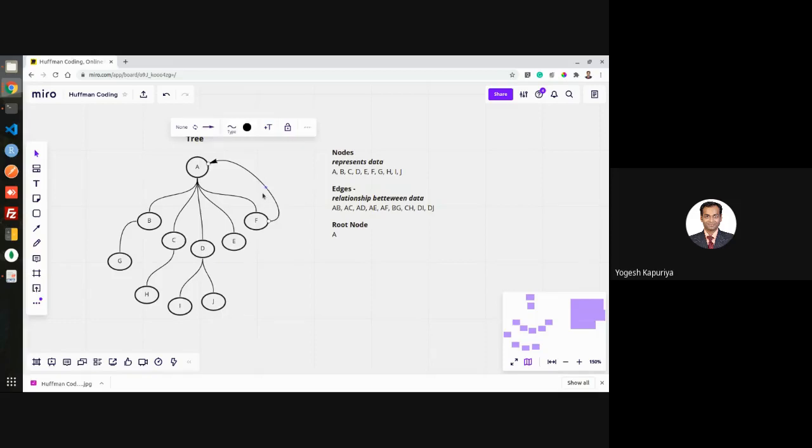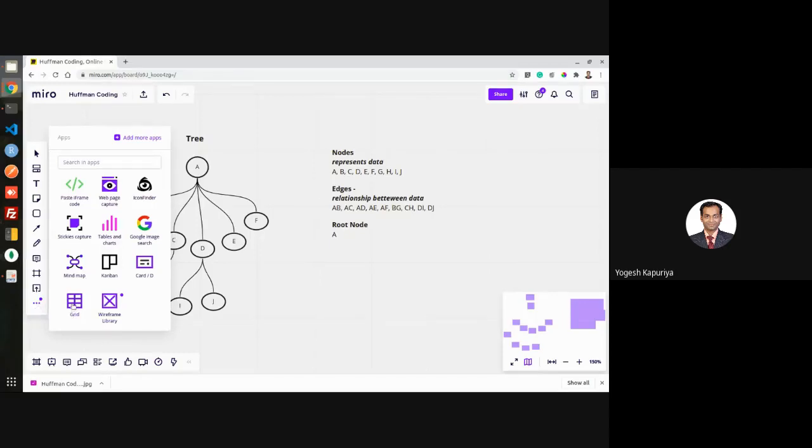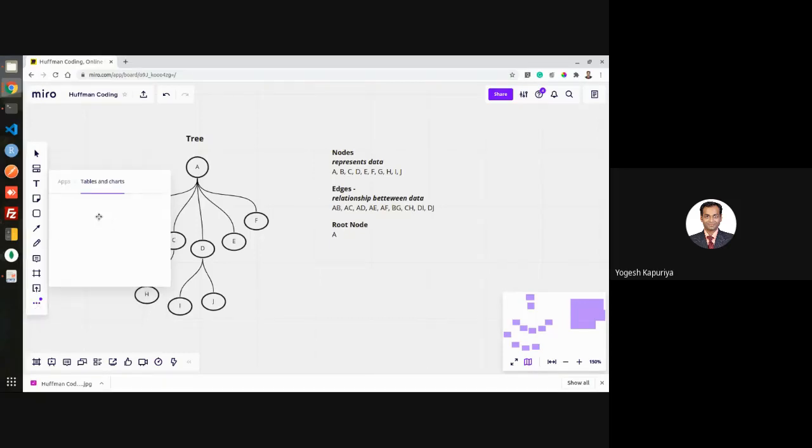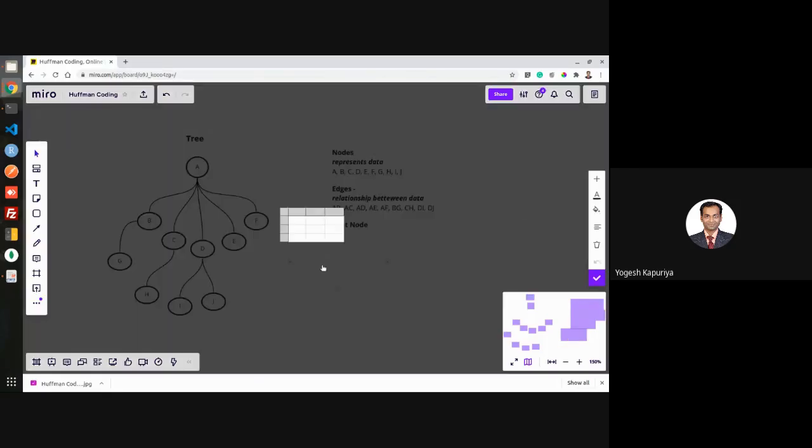I think this will create a confusion, so I will not do it in that way, but let's write a table. So you have a node, you have a parent.